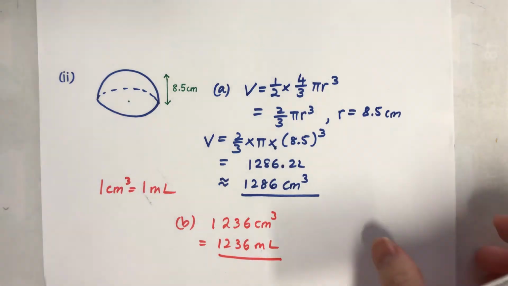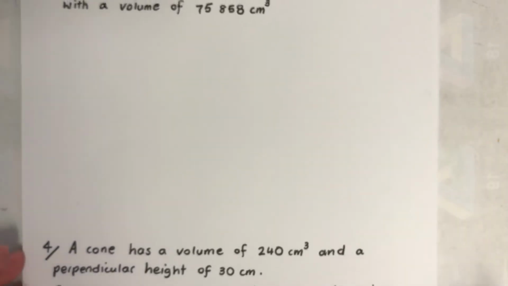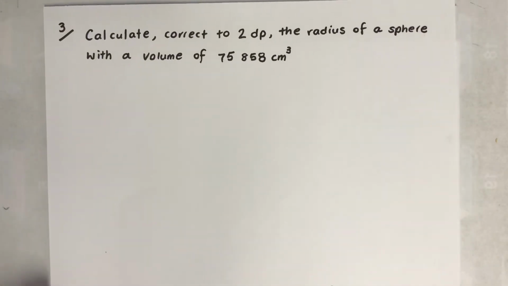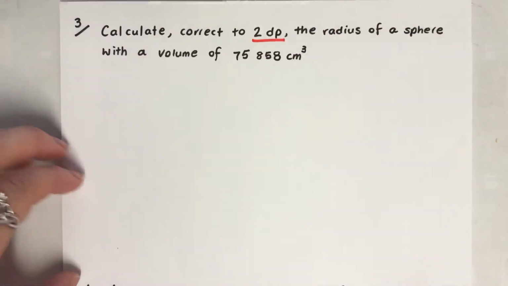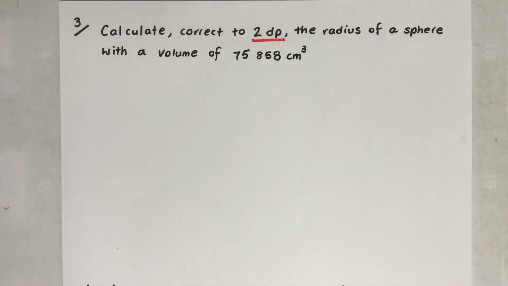Now number 3 and 4 is the last one. So let's have a look at number 3 first. Calculate, correct to 2 decimal places, the radius of a sphere with a volume of 75,858.